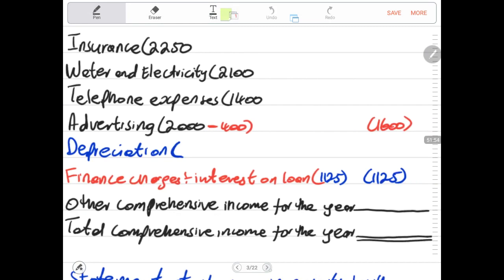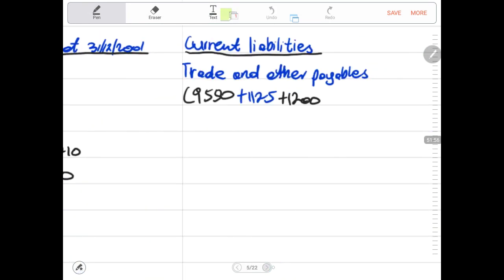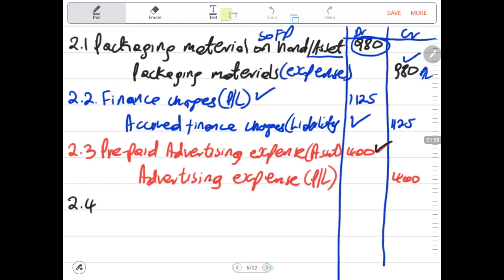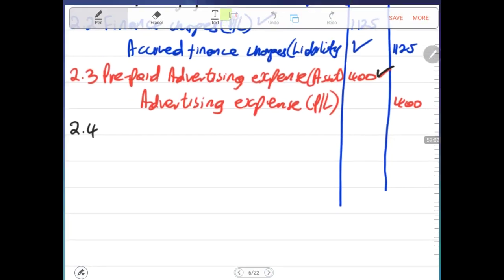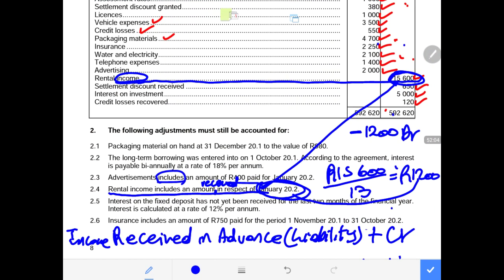Now let's record the general journal. In this one I started with the recording, then ending with the general journal. Remember, we highlighted the fact that this 1,200 is a liability and is income received in advance, and liabilities, we said they increase on the credit side.